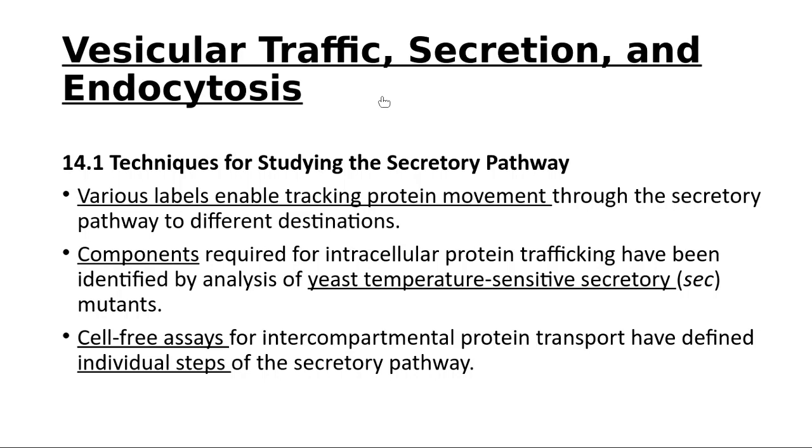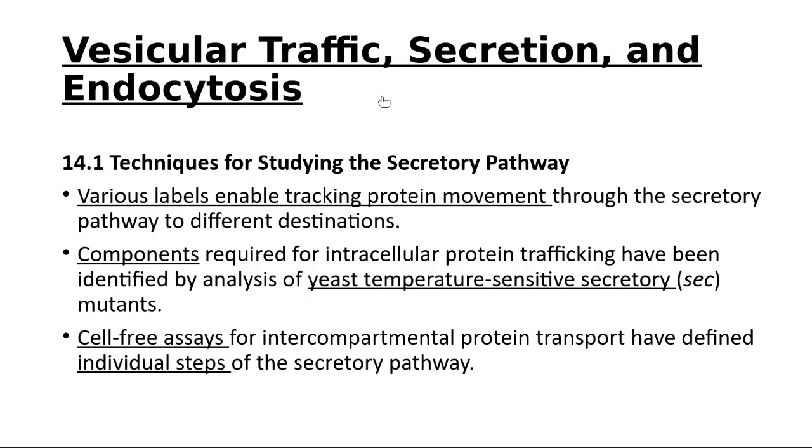So far, what we have seen is that unfolded proteins get inside the ER, or folded proteins get into the mitochondria, chloroplast or nucleus, depending upon what targeting signals they have. In this case, we will be talking about vesicular trafficking and the secretory proteins.